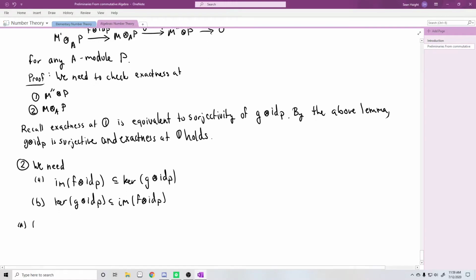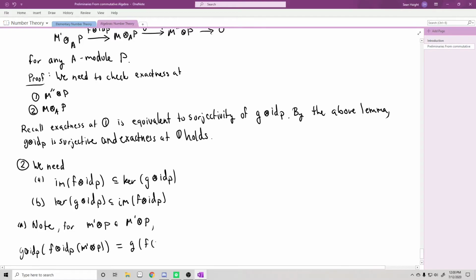So for part A, note, if I do F tensor IDP and then I do G tensor IDP on, let's say, a simple tensor, M prime tensor P, say I start with something here, we have G tensor IDP after F tensor IDP of M prime tensor P. This is essentially G of, so I'm going to apply F to the first one and do nothing to the second one.